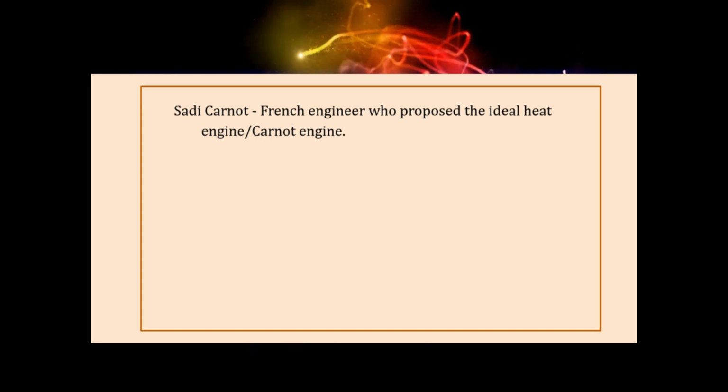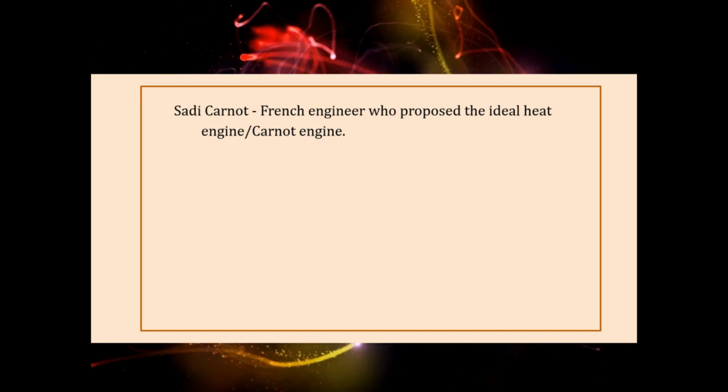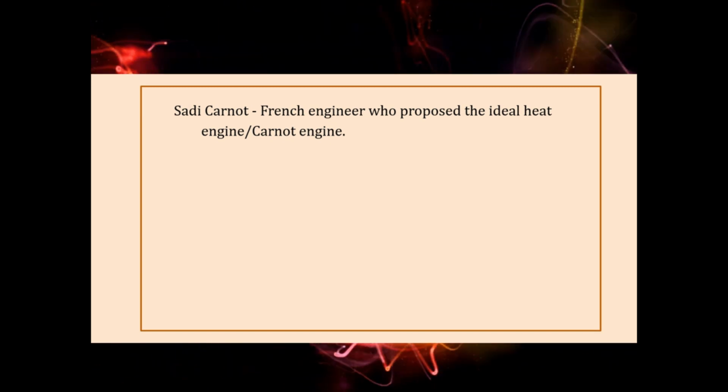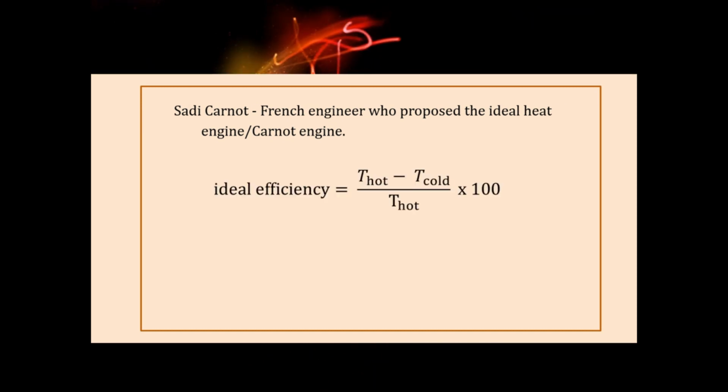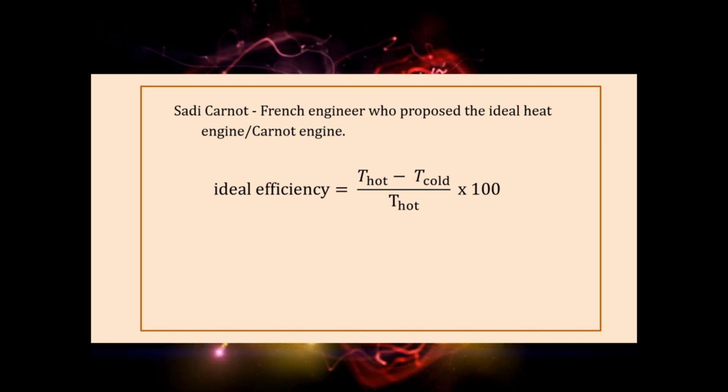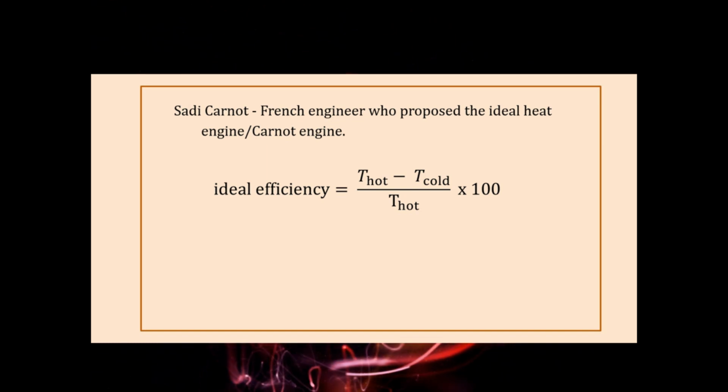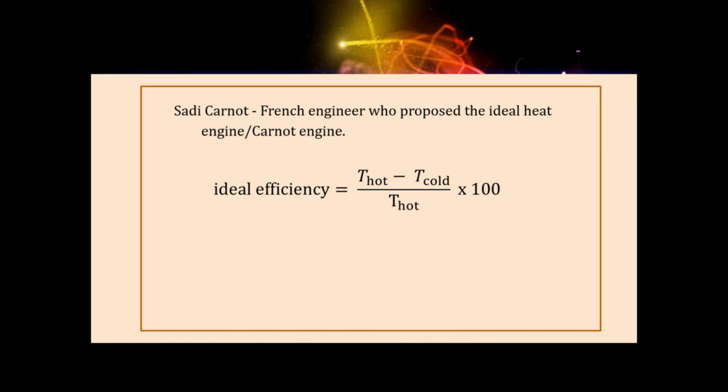Ideal heat engine or Carnot engine was proposed by a French engineer named Sadi Carnot. And to find the ideal efficiency of this engine, we will use this equation. Ideal efficiency equals T hot minus T cold divided by T hot times 100.